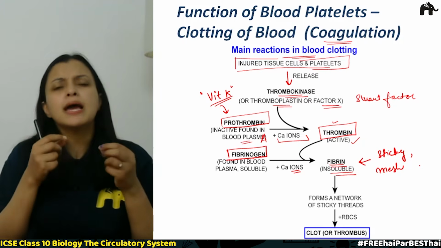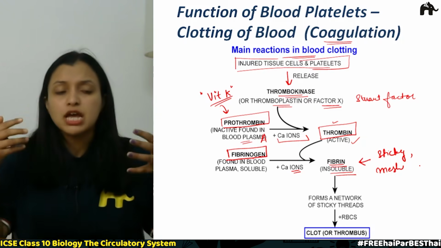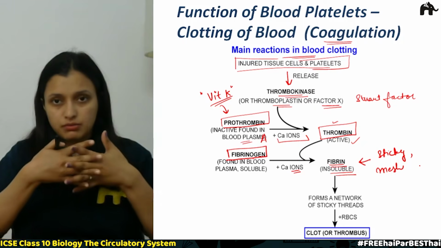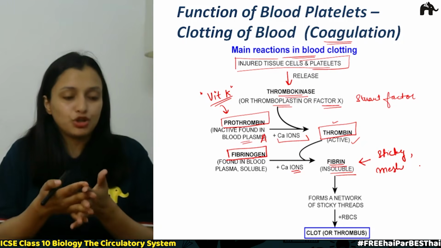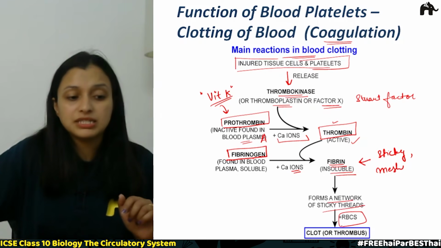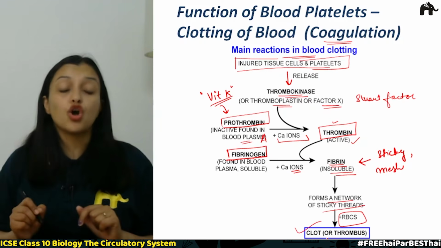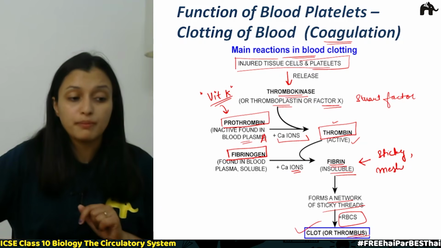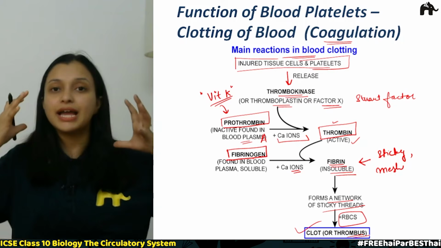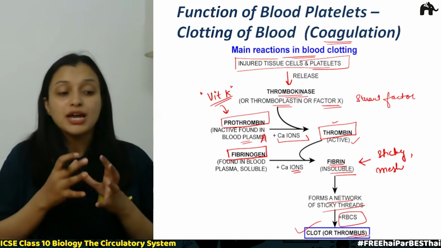These are very microscopic threads which form a mesh at the site of the blood clot, a network of sticky threads, and together with the RBCs they form a clot, also called a thrombus. So I hope how blood clotting actually happens is clear to you.